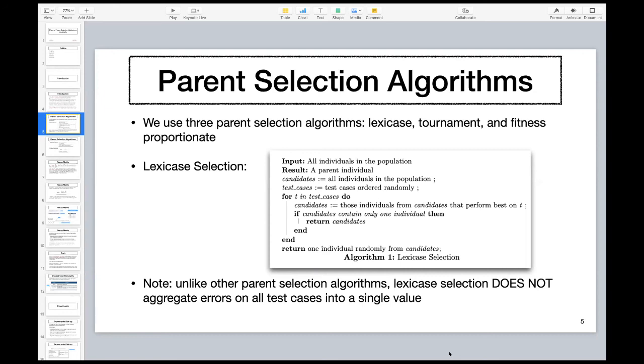Maybe in PushGP or in Push as a language, interpretability is not something that we are looking for, but trying to address the point from a more general point of view, do you think that modularity and interpretability are somehow correlated?